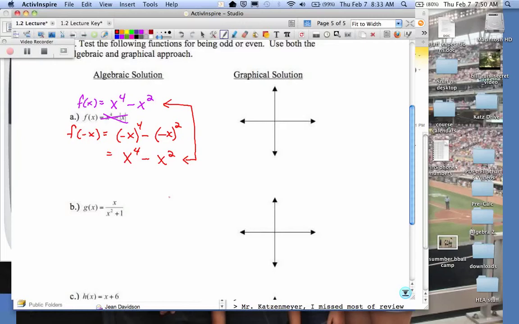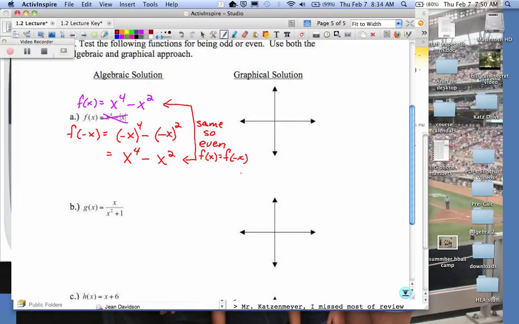Is the original function the same as my output right now? Yes, these are the same, right? f of x equals f of negative x. So when those two things are the same, you have an even function.